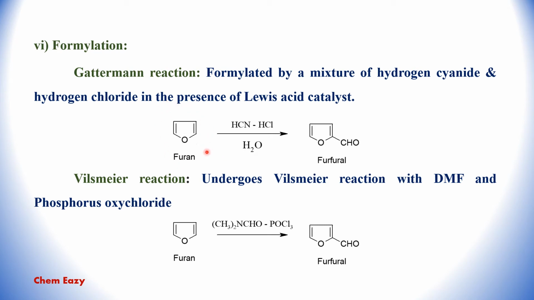Furan with a mixture of hydrogen cyanide and hydrogen chloride produces furfural. This is formylated. Another formylation reaction is the Vilsmeier reaction. Furan undergoes the Vilsmeier reaction with DMF, that is dimethyl formamide, and phosphorus oxychloride to produce furfural.